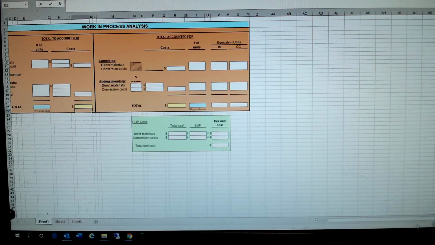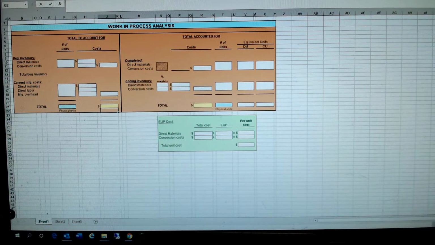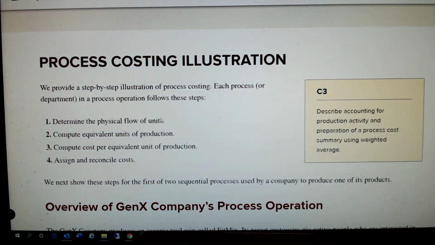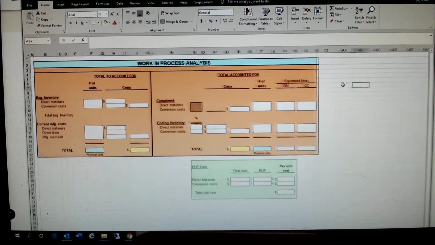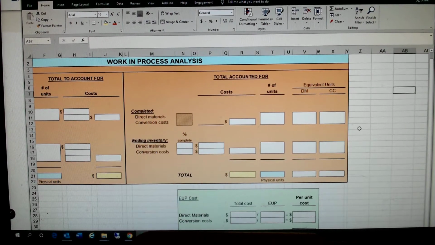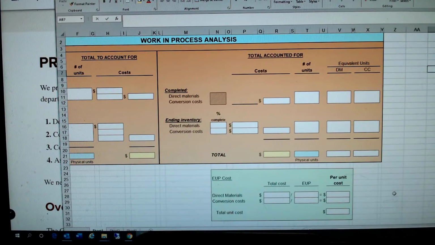Okay, so the first step is to determine the physical flow of units. Don't even concern yourself with dollars and cents. Just what's the physical flow?